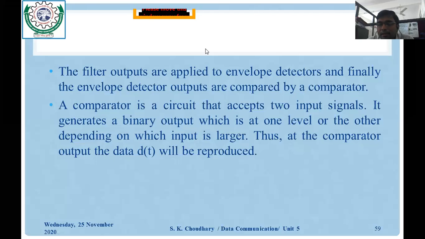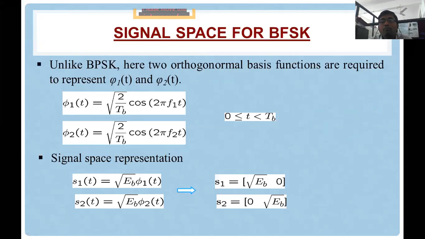So whichever signal is larger is considered as the output signal D(t), and that is decided as a binary 1 or binary 0. This is the way you can regenerate the data from the received BFSK signal. This is the structure of the BFSK receiver.